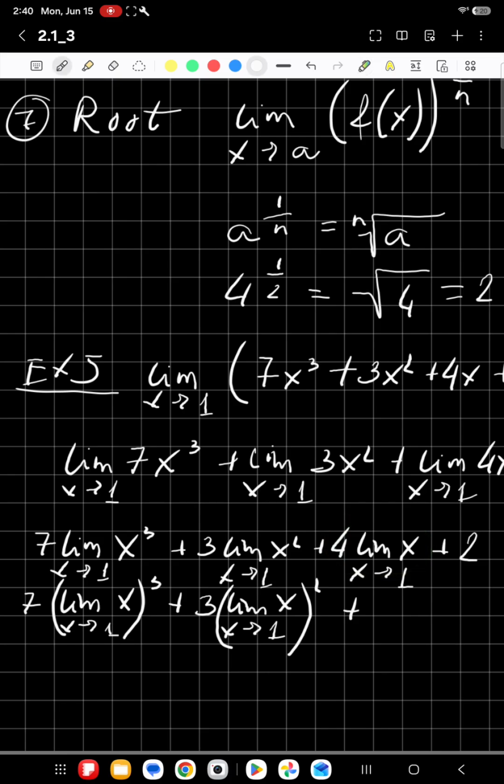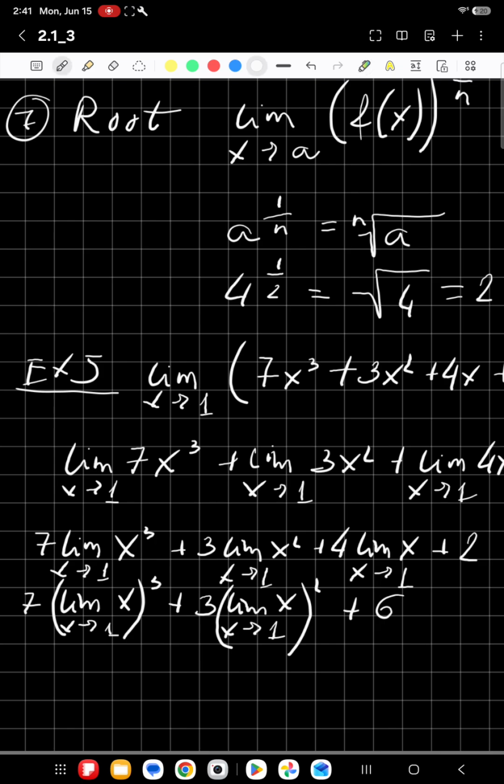So this is 6. One more time: to take a limit, the most basic technique is just to plug in whatever x approaches. It's approaching 1, so I'm plugging in 1. I get 1 times 4 plus 2, 6.